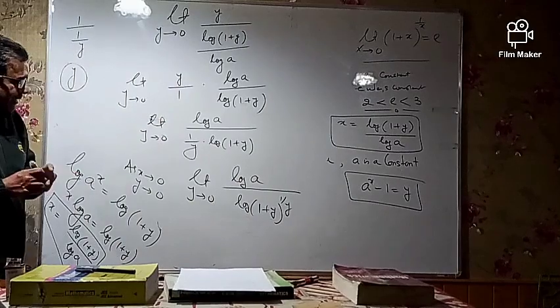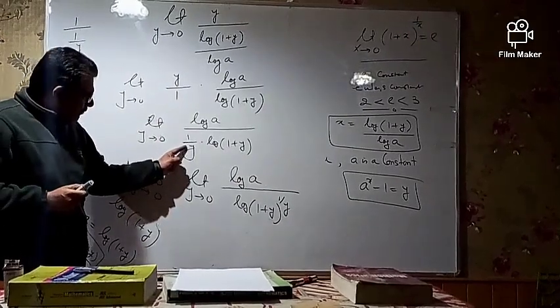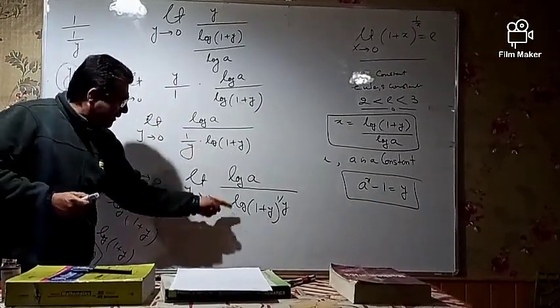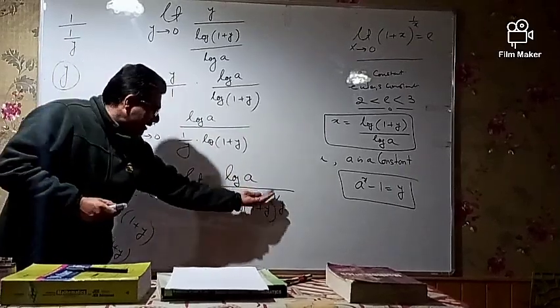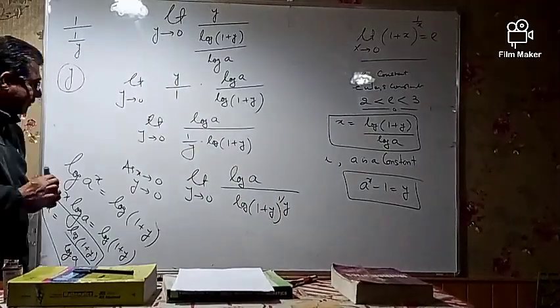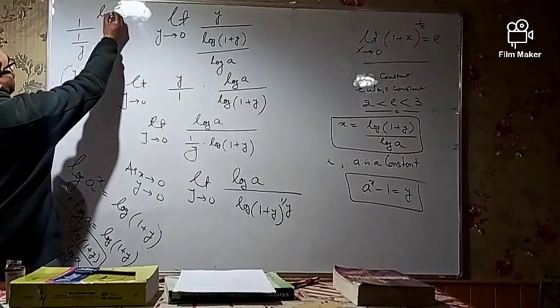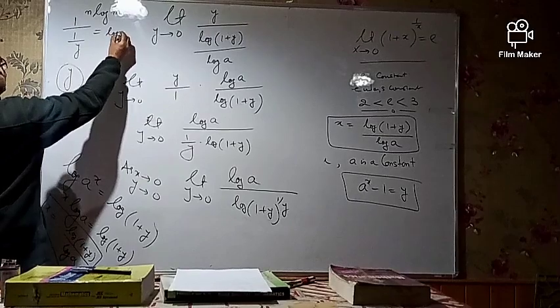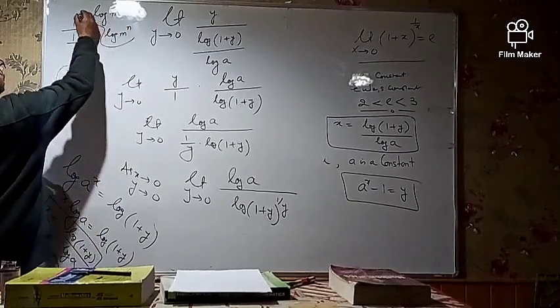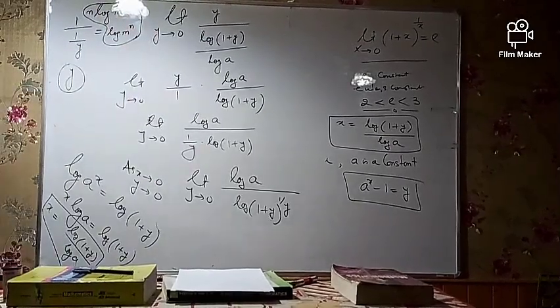This m log of n is log m raised to power n, and log m raised to power n is n log of m. So this can come down and also go back up, because we have a formula in logarithm. You remember this thing also.